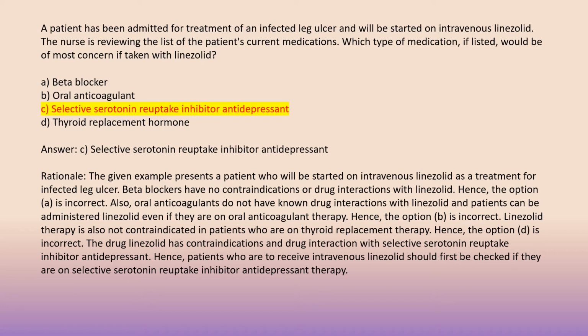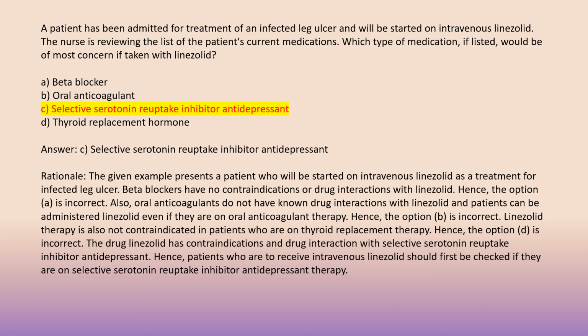Also, oral anticoagulants do not have known drug interactions with Linezolid, and patients can be administered Linezolid even if they are on oral anticoagulant therapy. Hence, the option B is incorrect. Linezolid therapy is also not contraindicated in patients who are on thyroid replacement therapy. Hence, the option D is incorrect.